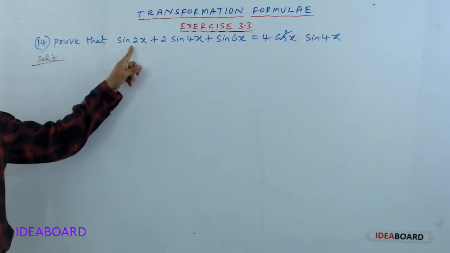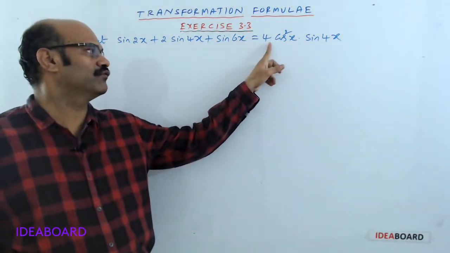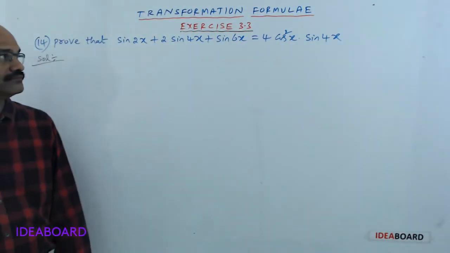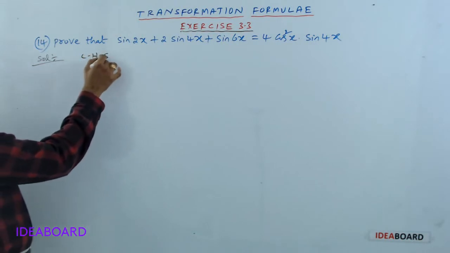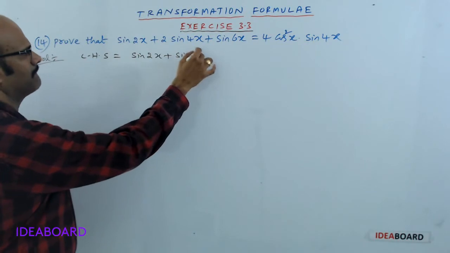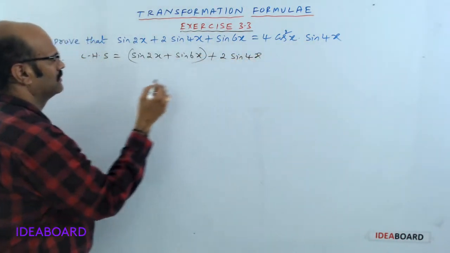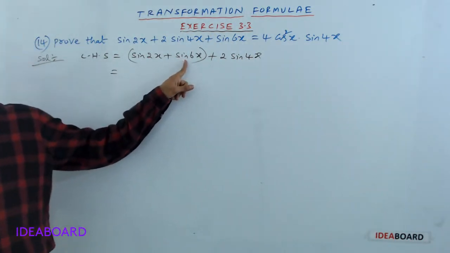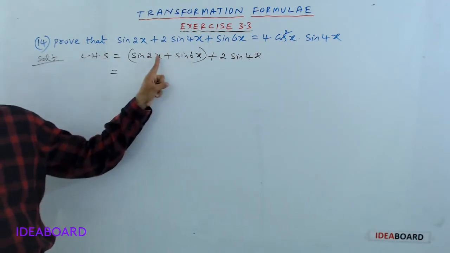Prove that sin 2x plus 2 sin 4x plus sin 6x equal to 4 cos square x into sin 4x. Take LHS. LHS equal to sin 2x plus sin 6x plus 2 sin 4x. Now here we have to apply the formula for sin C plus sin D, to write this sum into product.